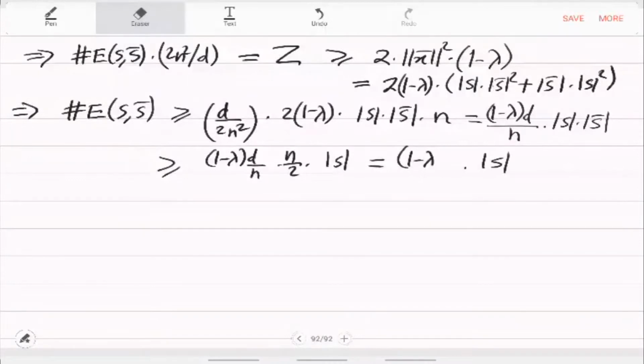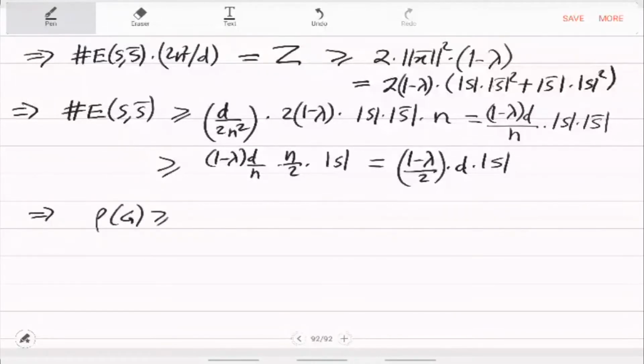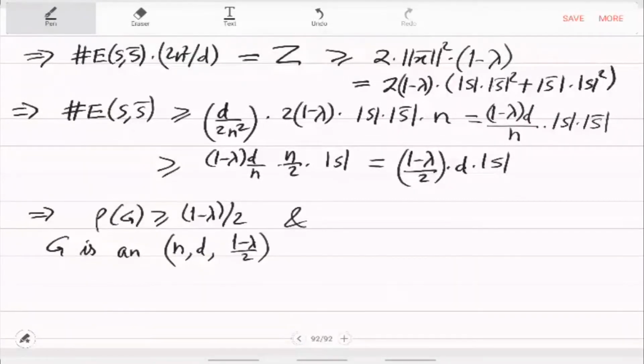Let us write it like this: 1 minus lambda by 2 times d times S. So this in particular tells you that rho is at least 1 minus lambda by 2, and G is an (n, d, 1 minus lambda by 2) edge expander.